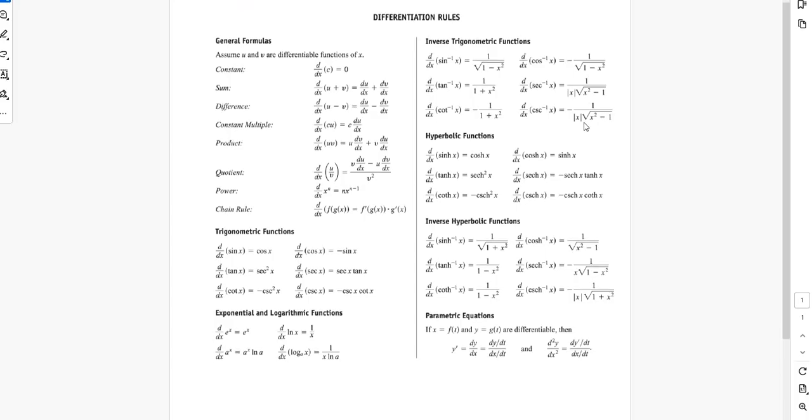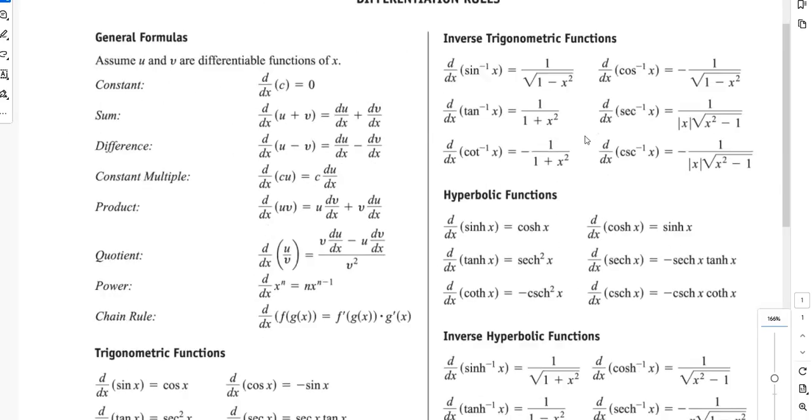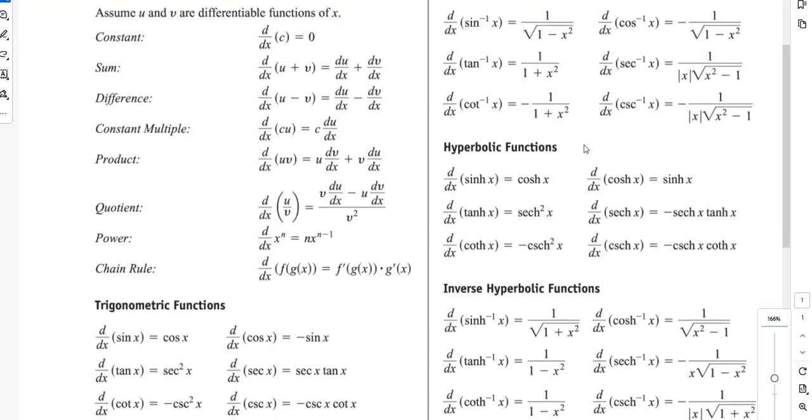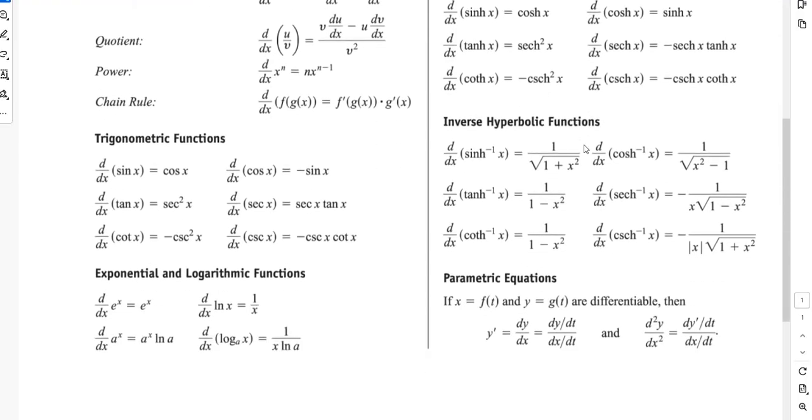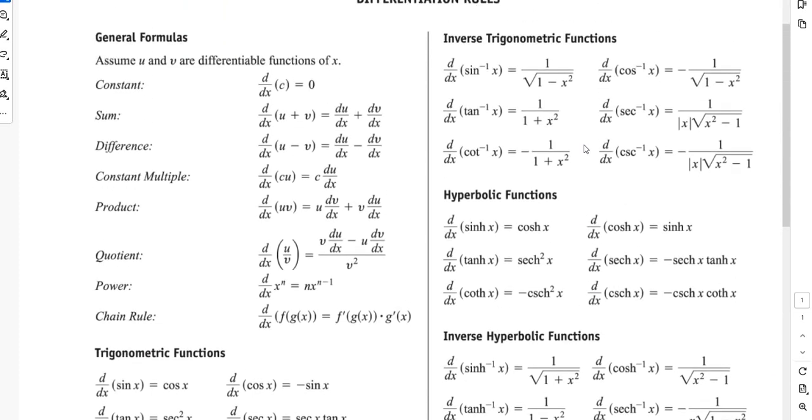There's a lot of rules for differentiation, a lot of them. I've tried to be nice to you by not giving you too many of them, but you can see there's a lot here, and this is not an exhaustive list. But the one we're interested in right now is this one right here.